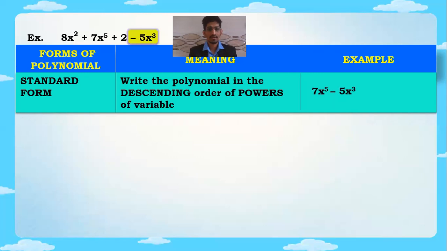After this, now only 2 terms are left, out of which the first term is having the highest one, that is raised to 2. So after raised to 3, we are going to write this 8x square, which has a plus sign, positive, so we write plus 8x square. And one term is remaining, that is the constant term, that is 2. So let us write down that 2 at the end, plus 2.